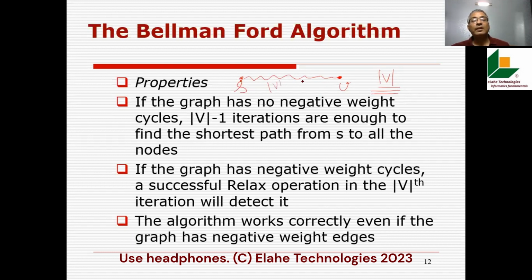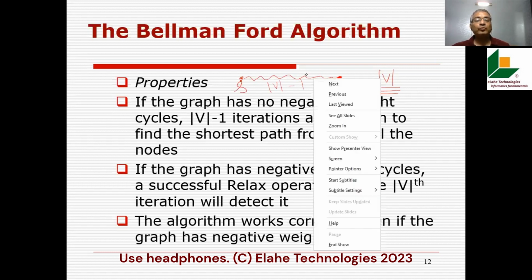I can only have v minus 1 edges on this path at most, and therefore in v minus 1 iterations we can show that the algorithm is able to compute the shortest path.